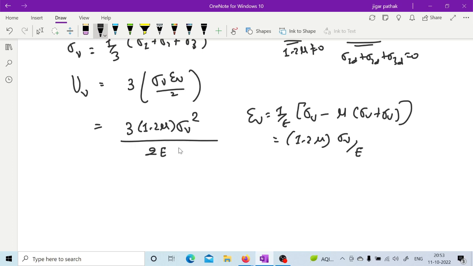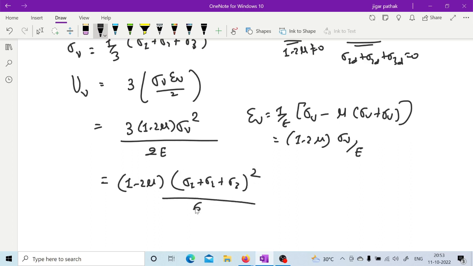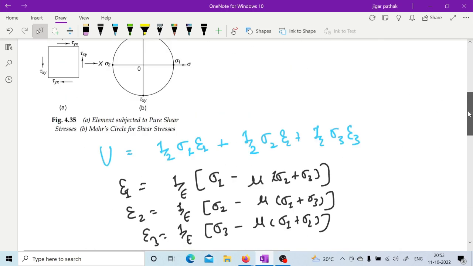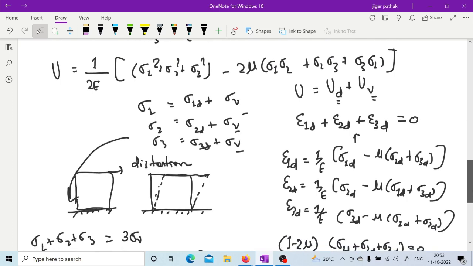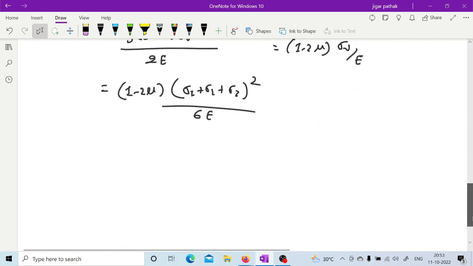As you know, the value of sigma v is 1 by 3 of sigma 1 plus sigma 2 plus sigma 3. If you put all these values, then uv will be equal to 1 minus 2 mu into sigma 1 plus sigma 2 plus sigma 3 whole square, divided by 6E. You have calculated u earlier, and similarly you have calculated uv.